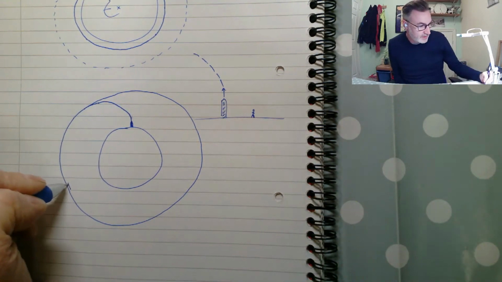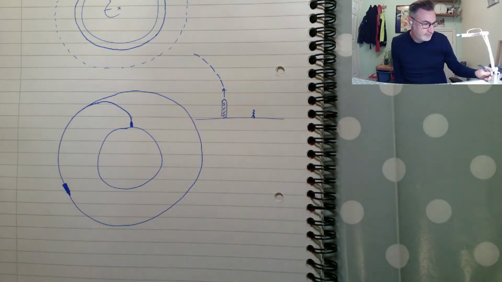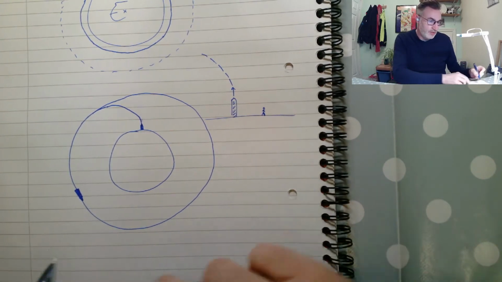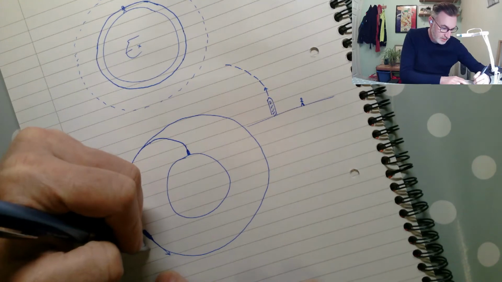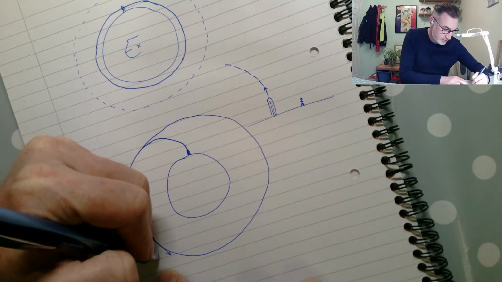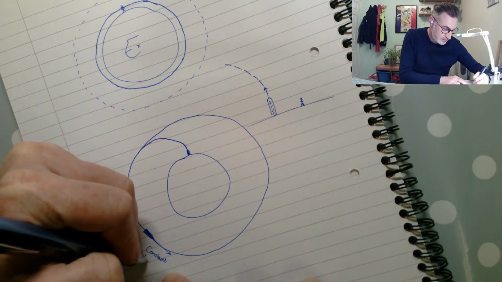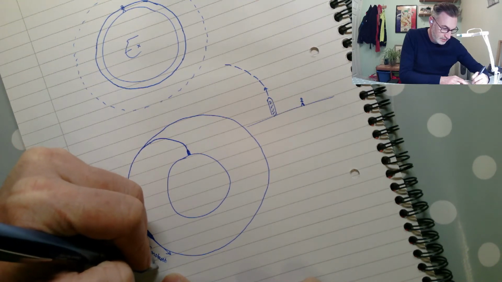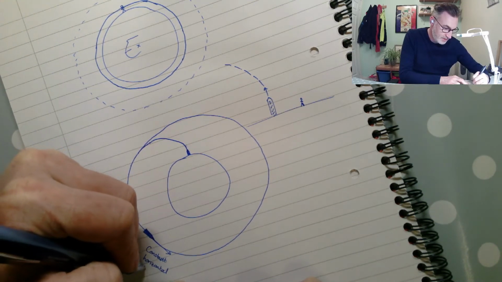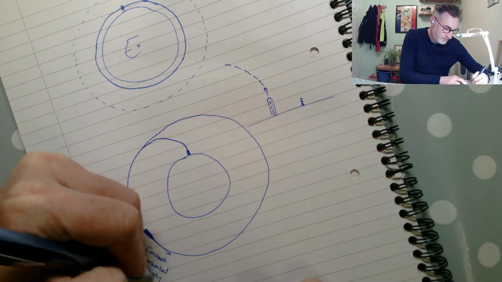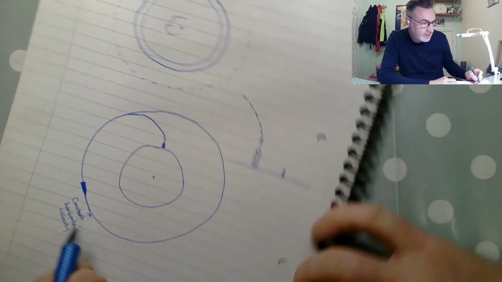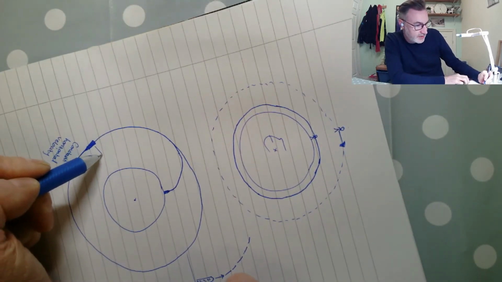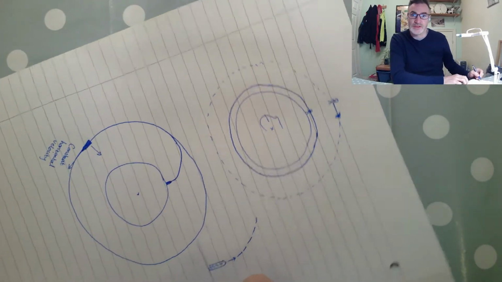When it's moving in its orbital path, it's going to have constant horizontal velocity, and it's also going to be accelerating downwards.